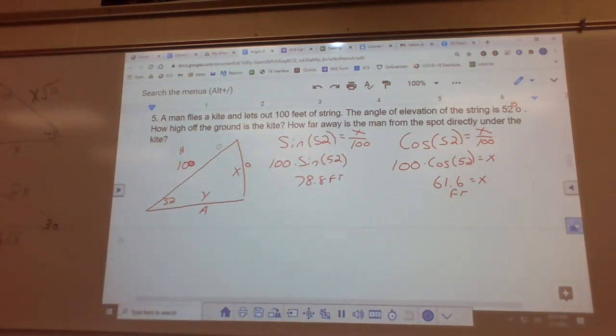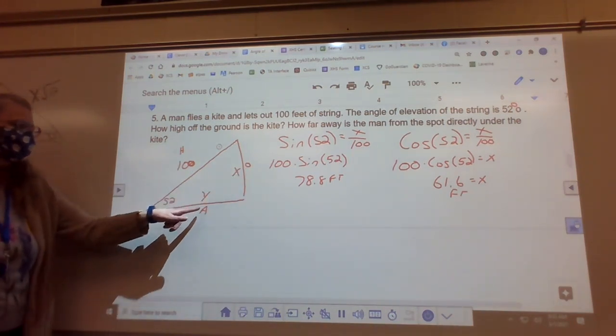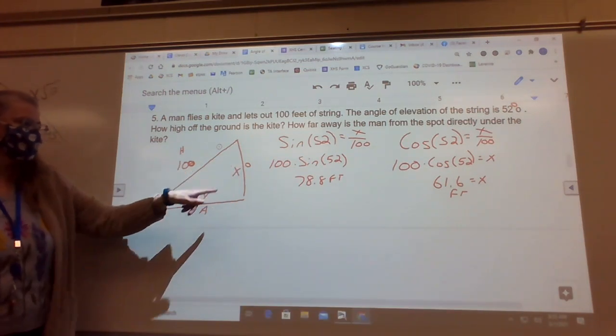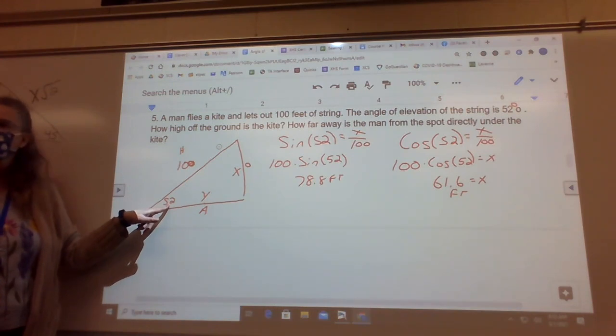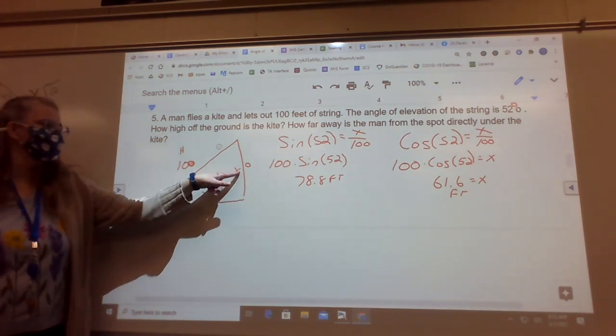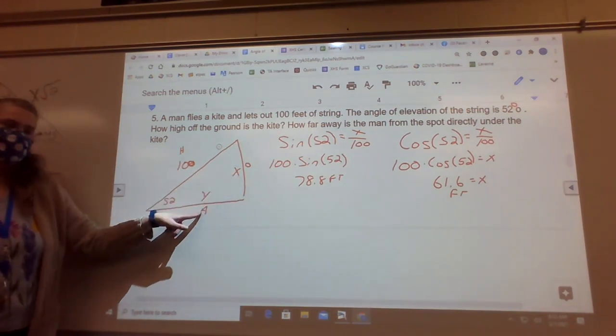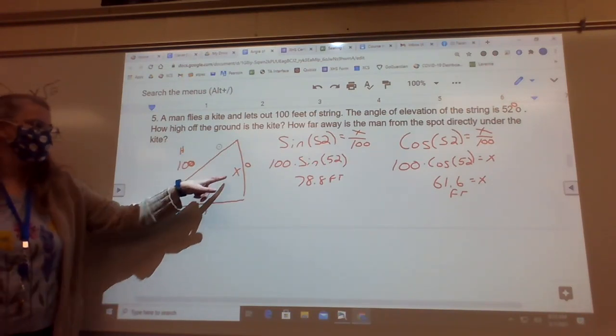Now, before you get started on the back, quick question. So these two measurements, I mean, they're close, but they're not exactly the same. This one was 78, this one was 61. What angle would I have had to have picked if I did want these two the same? Any thoughts? What angle would have made both these the same?